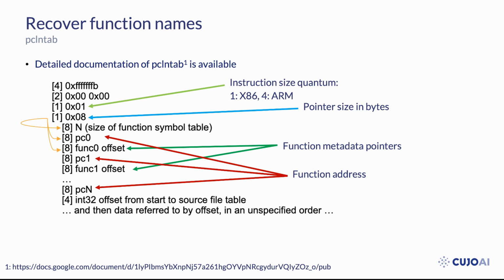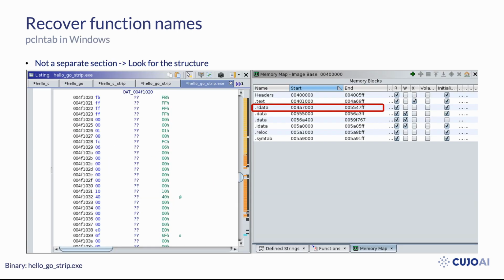Just before we go into the details of what we can see within the metadata table, I would quickly touch on the case of Windows executables. During our research and during this presentation, we used Linux binaries. So here I would like to highlight a little bit of the differences between Linux binaries and Windows executables. Here, as you can see, there is no section called Go PCLN tab or something like that.